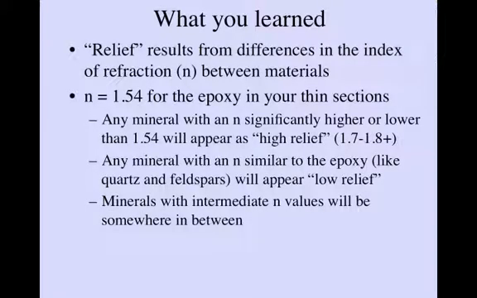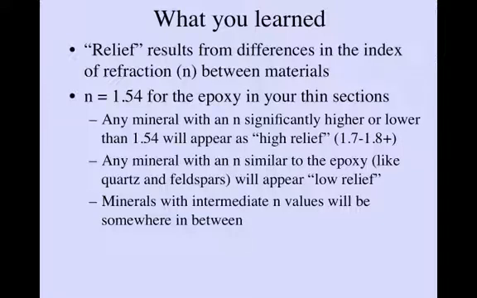So what you learned here is that relief results from differences in the index of refraction, which is denoted by N, between minerals. You'll see those N values listed in reference materials. N is 1.54 for epoxy in your thin sections, so all the values you look up for the minerals should be considered relative to that value.